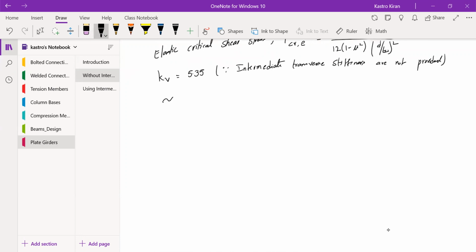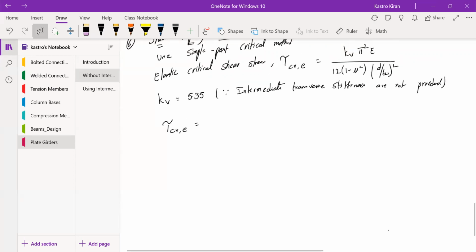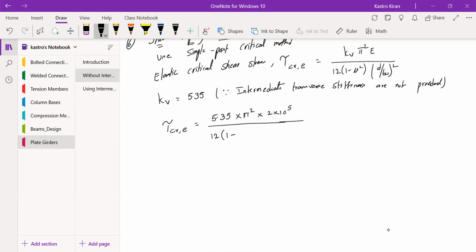Therefore, tau CRE, that is the elastic critical shear stress, equals, substituting the values in the above formula, kV is 5.35 into pi square, and the Young's modulus of steel is 2 into 10 power 5, upon 12 into 1 minus nu square, where nu, the Poisson's ratio, is taken as 0.3, into d by tw, where the depth of the web is 1800 and the thickness of the web is 12.